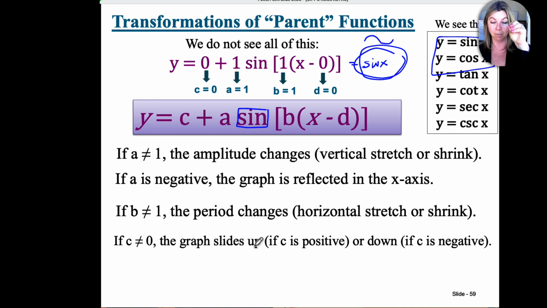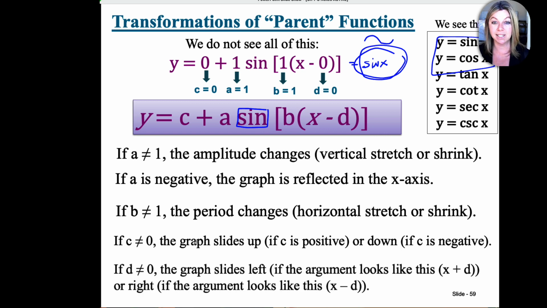You didn't stretch it or shrink it vertically or horizontally. You slid it, okay? So C is going to affect if the graph is slid up or down. If C is 0, it's not slid up or down. It's just like the parent function.